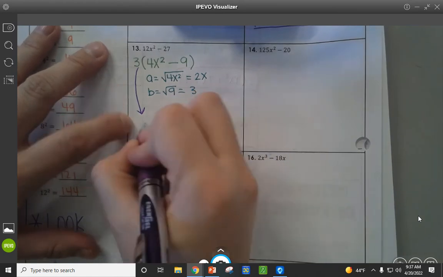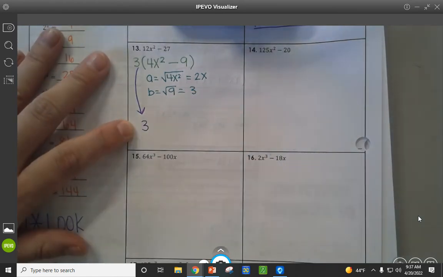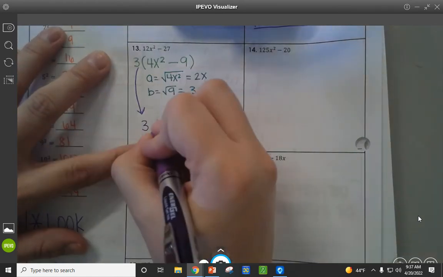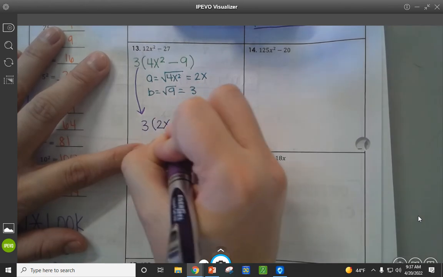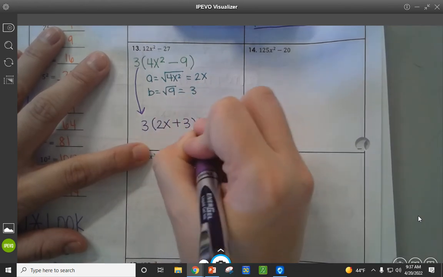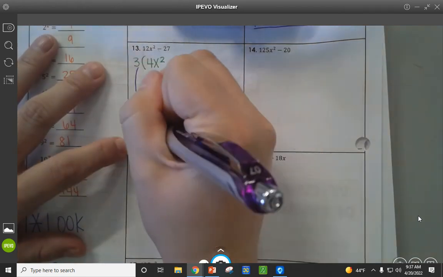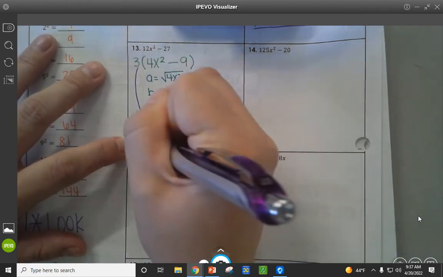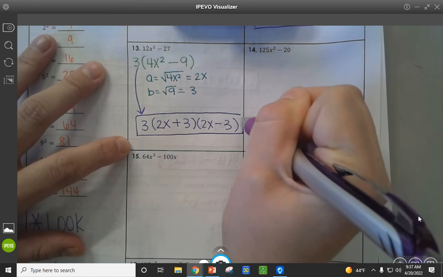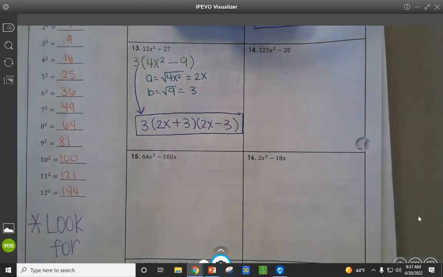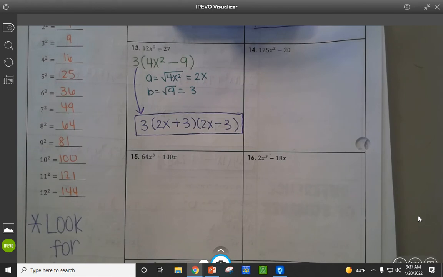So my final answer is the 3 from the GCF, and then 2x plus 3, 2x minus 3. Are there any questions?